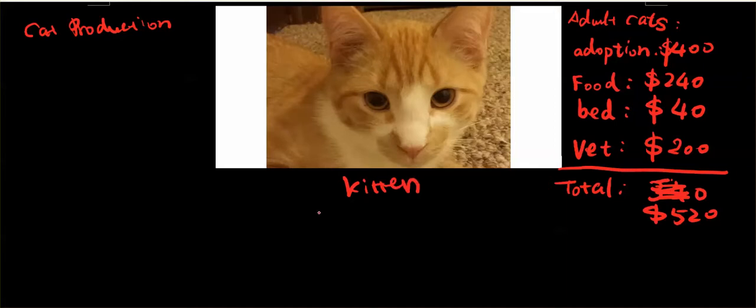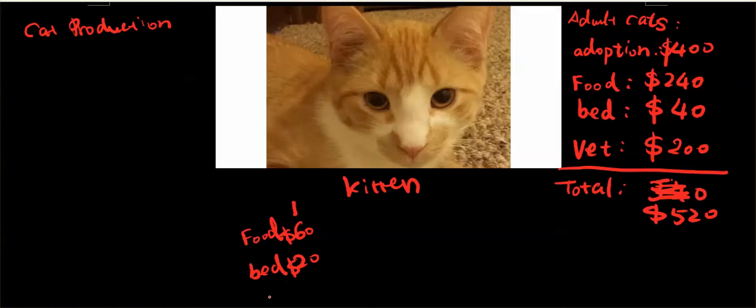So let's see the little kitten cost. For one kitten, it will cost food, which is $6 per year, because they are small, they cannot consume as much as an adult cat. And we need to prepare the bed, $20.